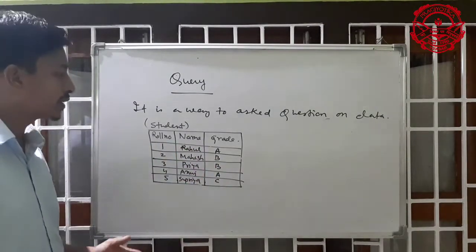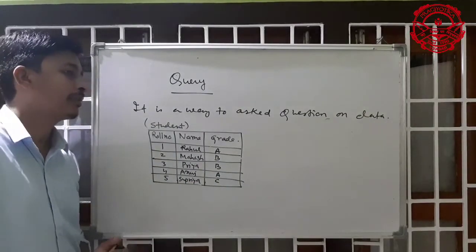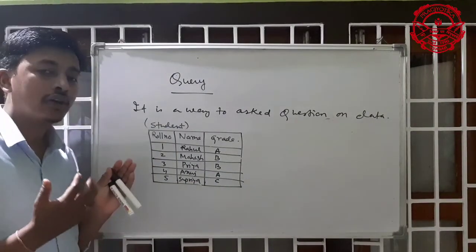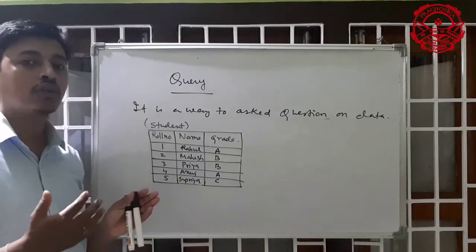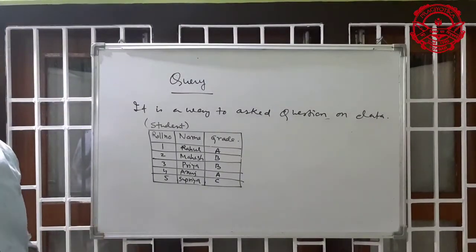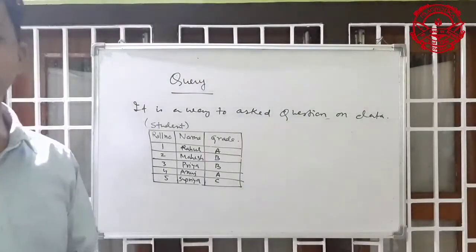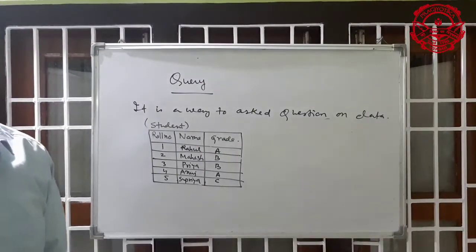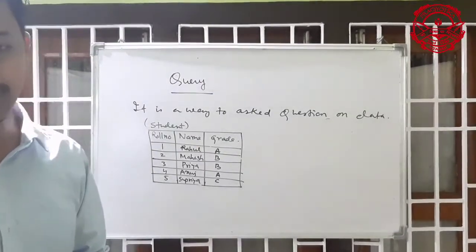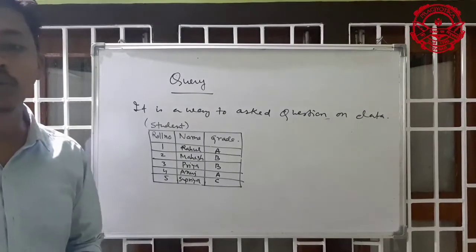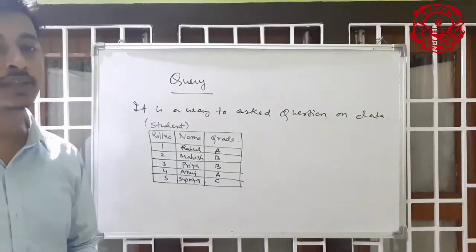Now I want some information. For example, the students who got the grade A, or A1. You can see the first example: list the students who got A1 in all 5 subjects.